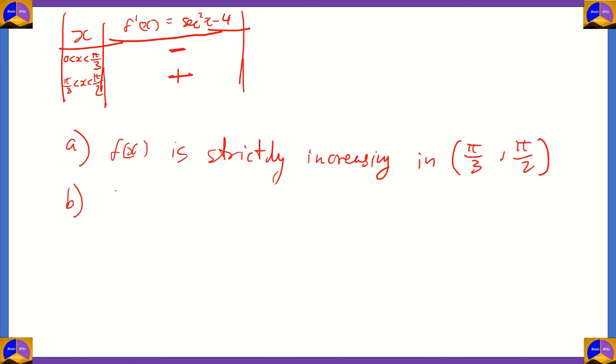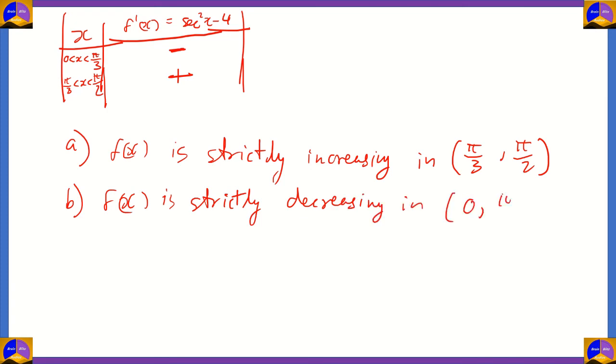And you can write f of x is strictly decreasing in the interval 0 to pi by 3. This gives you 1 mark. The other statement will also give you 1 mark.